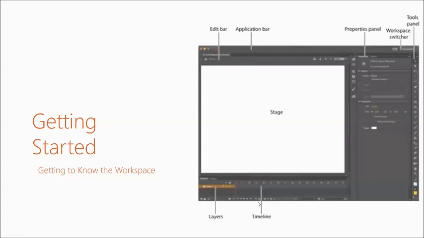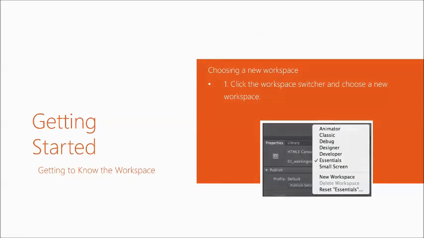We also have a timeline here and then the layers. So in Photoshop, there are layers as well as in Animate CC. So choosing a workspace: if you want to open a new workspace, click the workspace switcher and choose a new workspace.